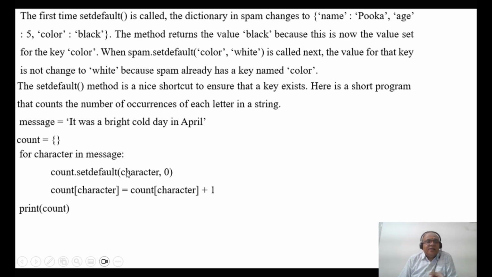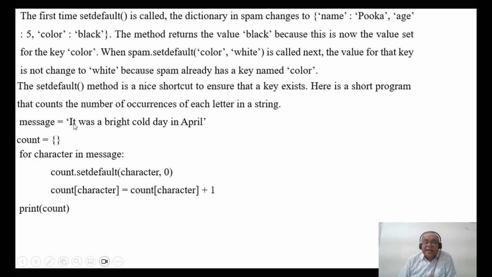What it does is, the dictionary is empty at first, so it will take I with the value 0. So count[character] will be 0. Then count[character] equals count[character] plus 1. Since count[character] is initially 0, 0 plus 1 becomes 1. So I will become 1 here.